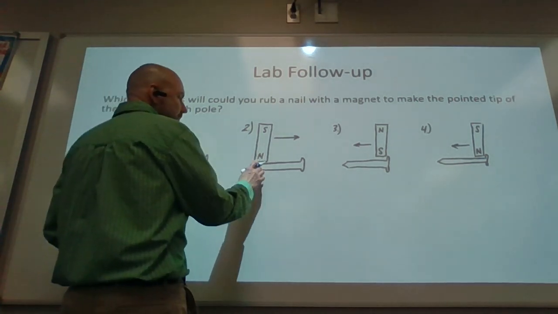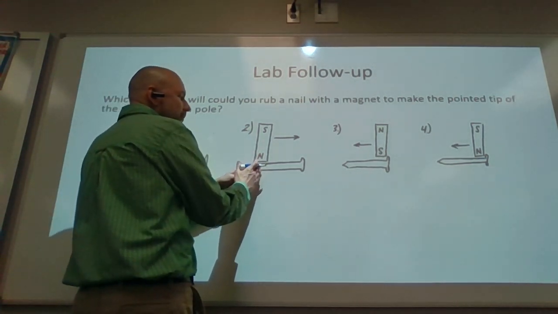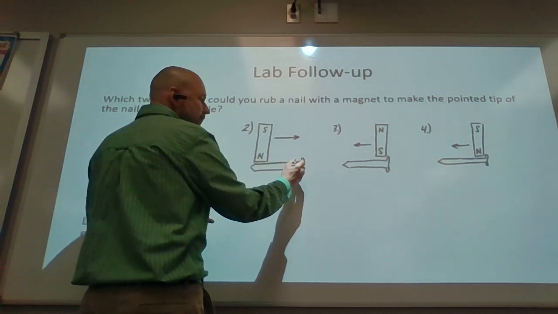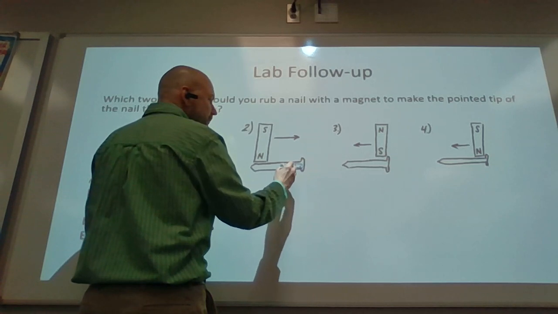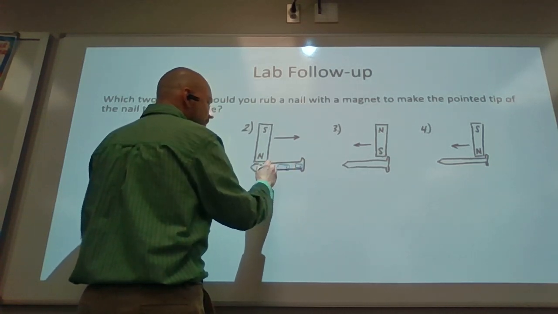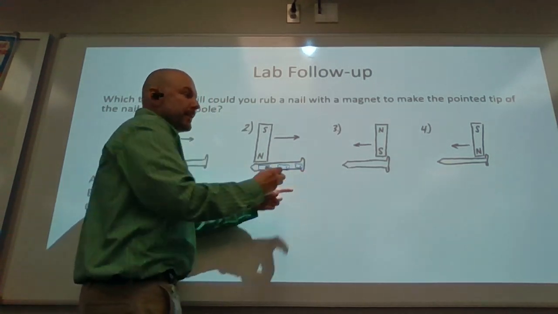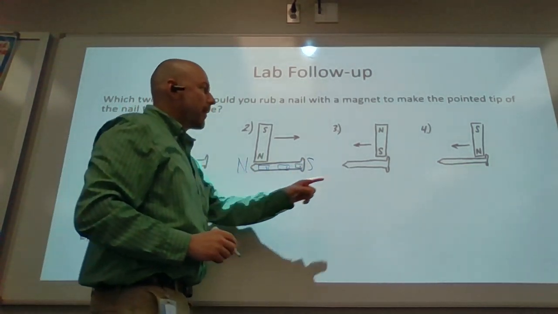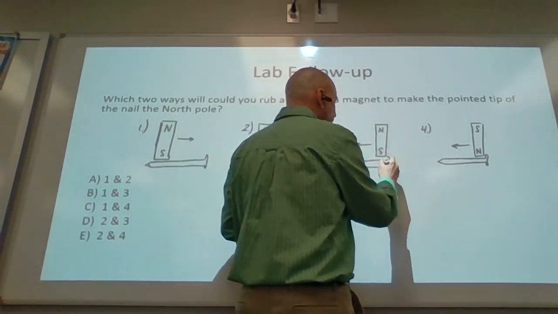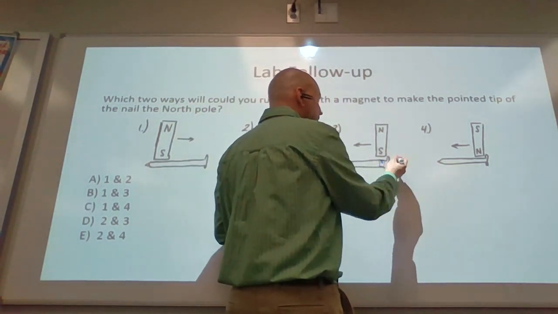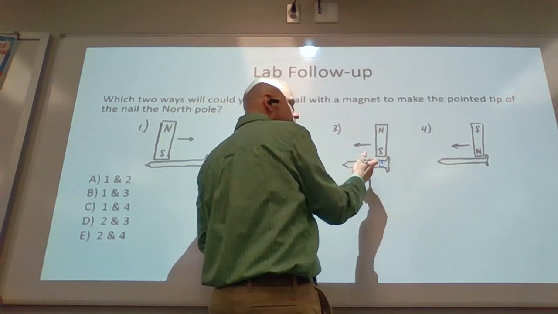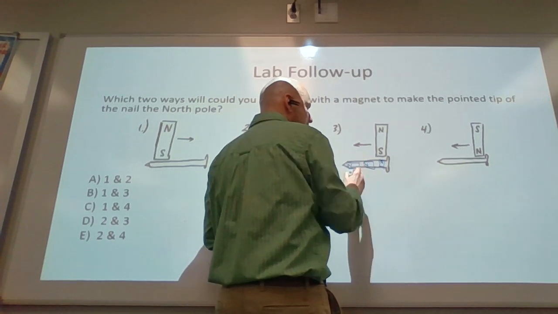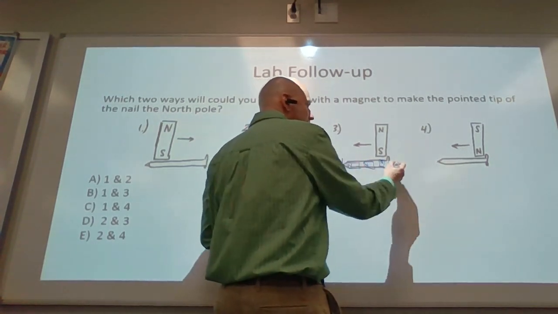Okay. Here's the deal. The South Poles on this one are attracted, and as you drag it, this side becomes south, this side is north. Here, the North Poles are attracted, and as you pull it this way, the North Poles line up, making this north and this south.